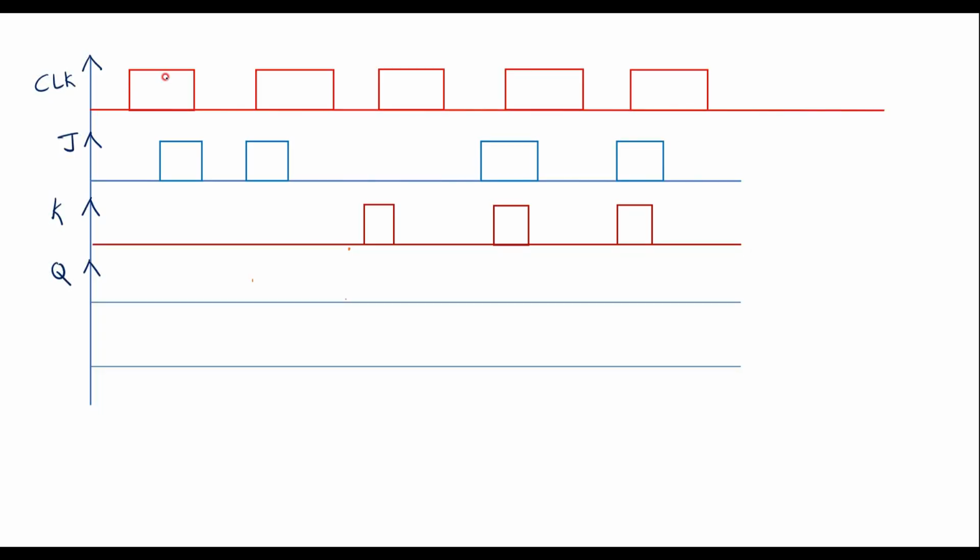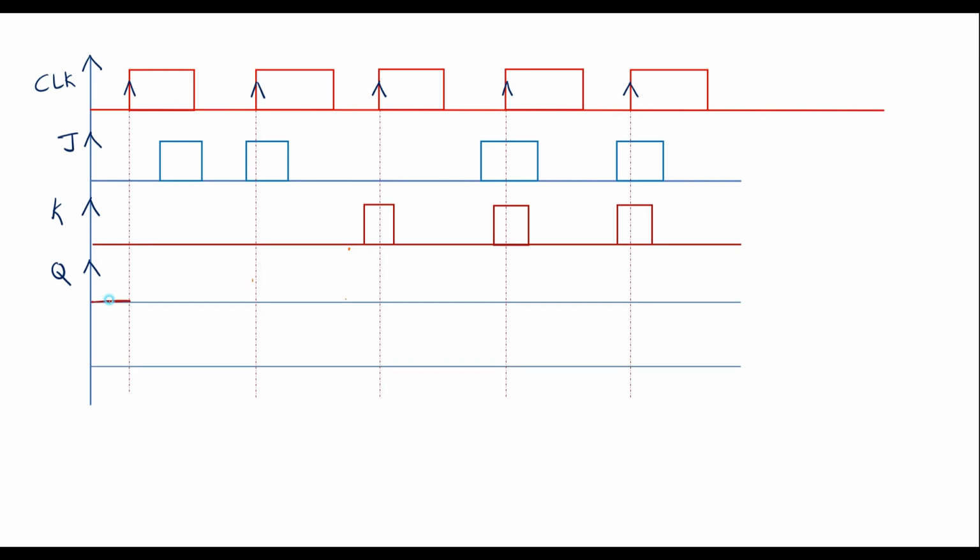So here let me consider positive edge triggering. This is the positive edge of the clock. This is positive edge. This is positive edge, and this is positive edge. So flip-flop will be active only during positive edges of the clock. So let me consider the first edge of the clock. At the beginning, I will assume that Q input is 0.